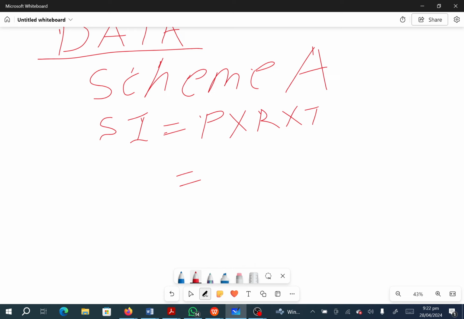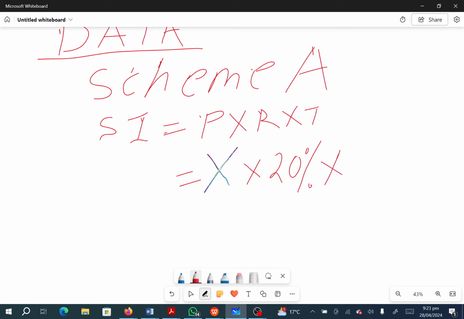Okay, so then our P, we don't know. That is what we are actually looking for. We don't know the amount. So since we don't know this amount, we will say P is X amount. Then multiply by the rate. So in scheme A, our interest rate was 20%. Are we following? Follow me closely as we calculate this question.